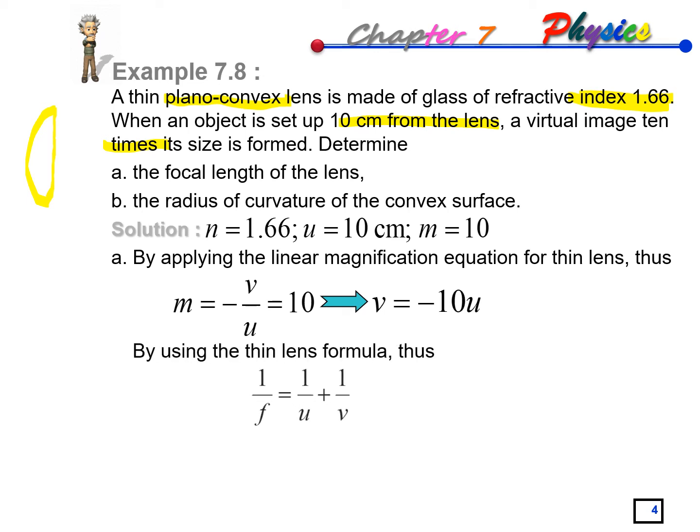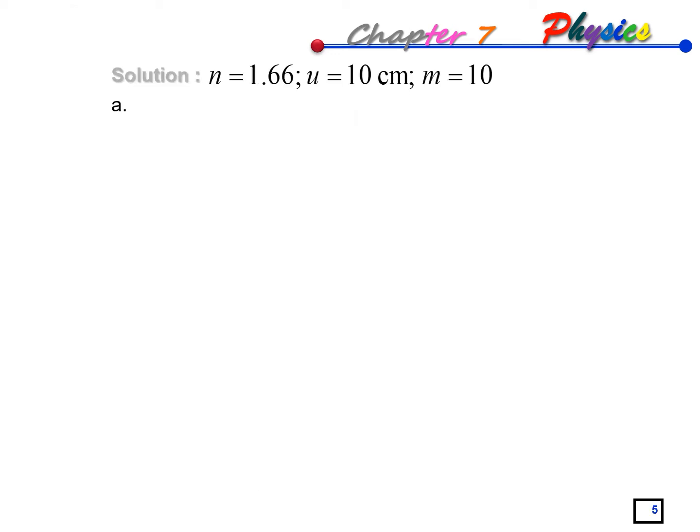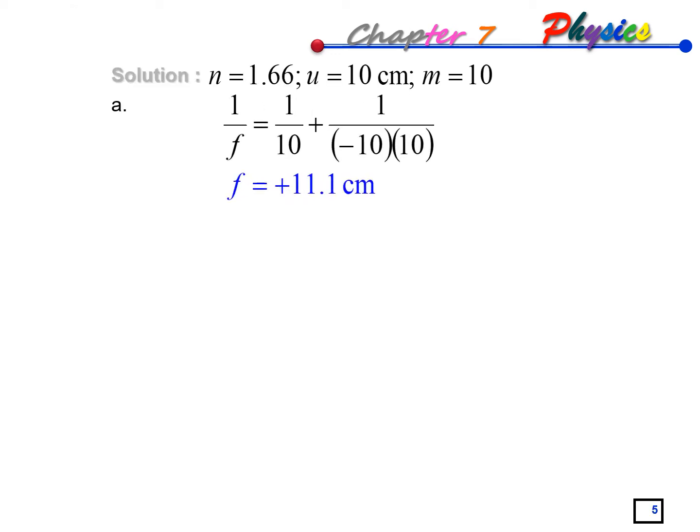If we replace in the thin lens formula, 1 over f equals 1 over u plus 1 over v, just replace in the value, where v is equivalent to negative 10u. There is a negative sign because it is a virtual image. Solving this, we end up with a focal length of 11.11 cm.